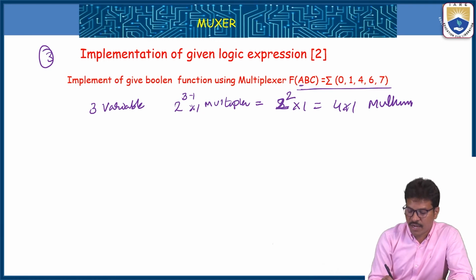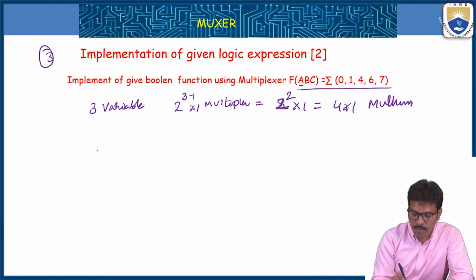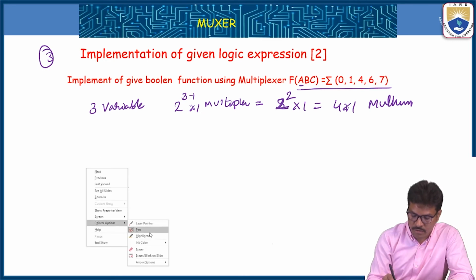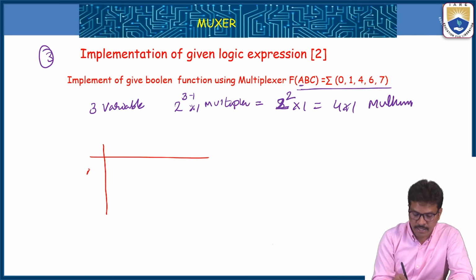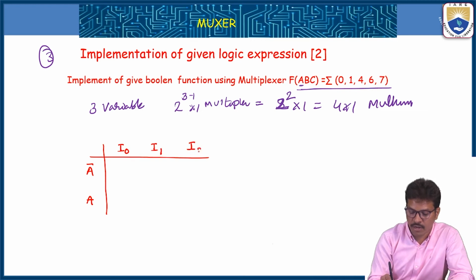In this case, take the multiplexing minimized table in this way. If A is the select line, I am taking A bar and A, and B, C are the data inputs. 4 by 1 means 4 inputs: I0, I1, I2, I3.